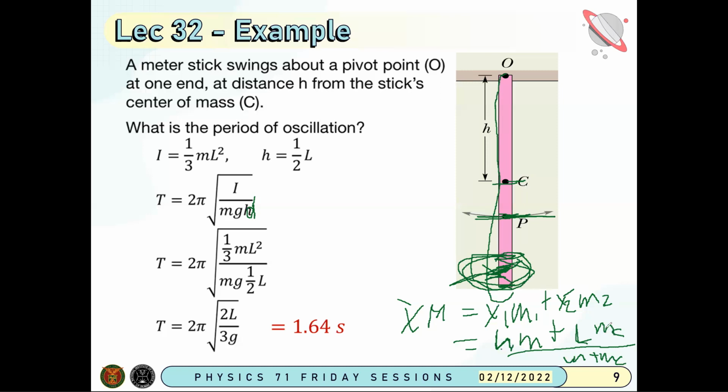Kaya MC yan. So ganun lagi, kung saan nilagay yung mass. Kung dito nilagay yung mass, edi magiging H over 2 yung X2. Or some other distance. So ganun siya, kung saan nilagay, para makuha yung new center of mass or new center of gravity.